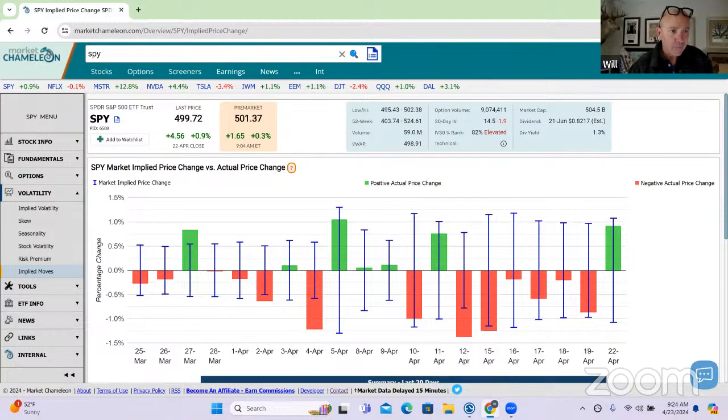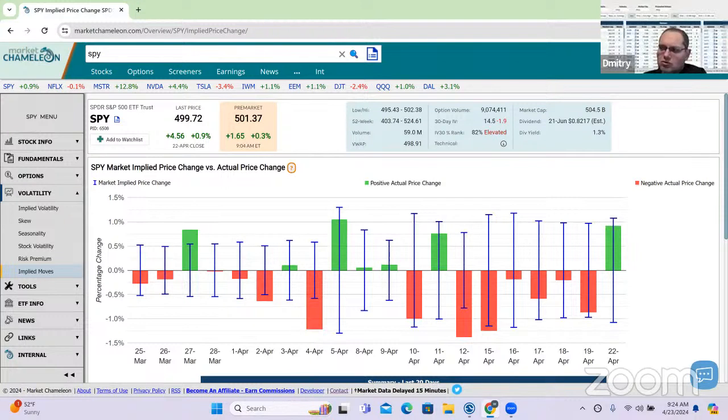We could, it's coming. The implied move comes from the options markets, and the options implied moves are constantly moving with the markets, just like the stock is moving around. So all day it could fluctuate up and down. It also reflects the volatility expected for the remainder of the day.